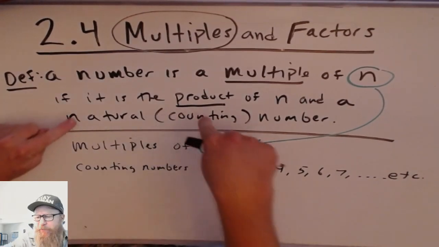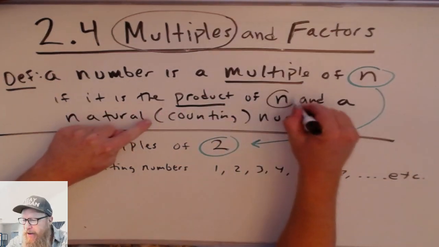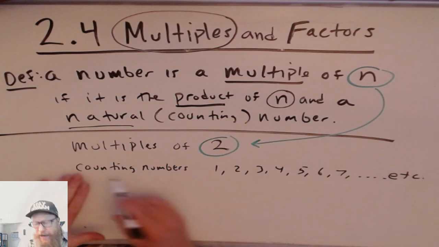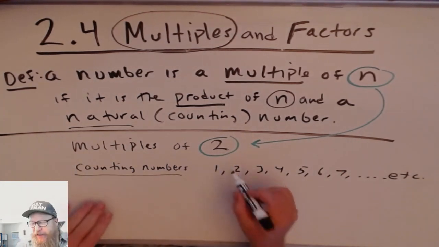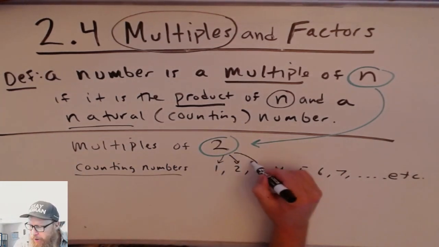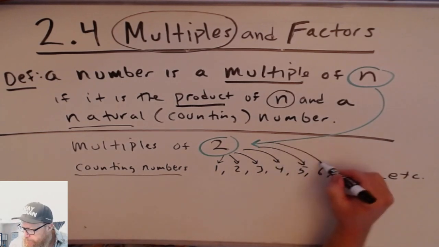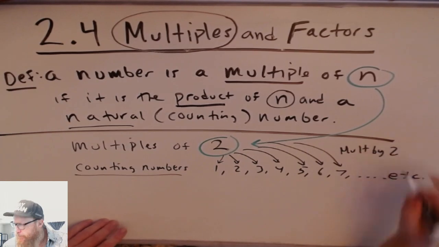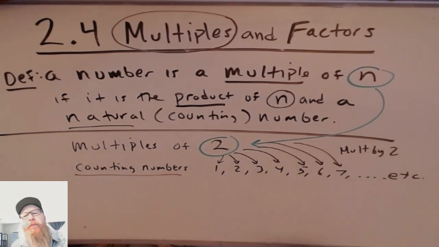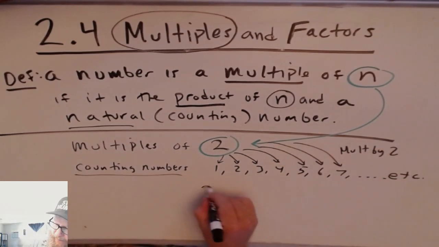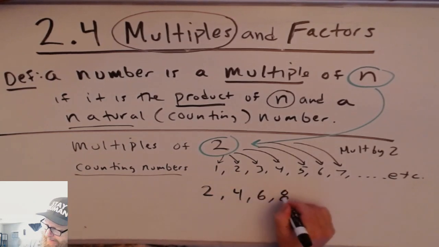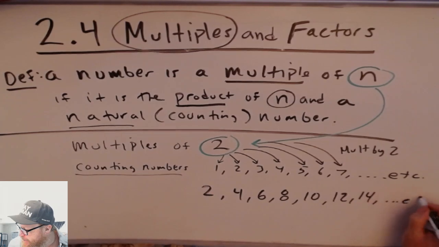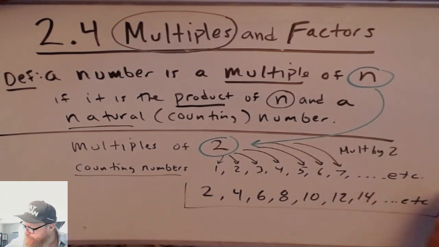If we have the product of n and a natural or counting number, we can just take all of the counting numbers and multiply them all by 2. And what do we get? 2, 4, 6, 8, 10, 12, 14, etc.